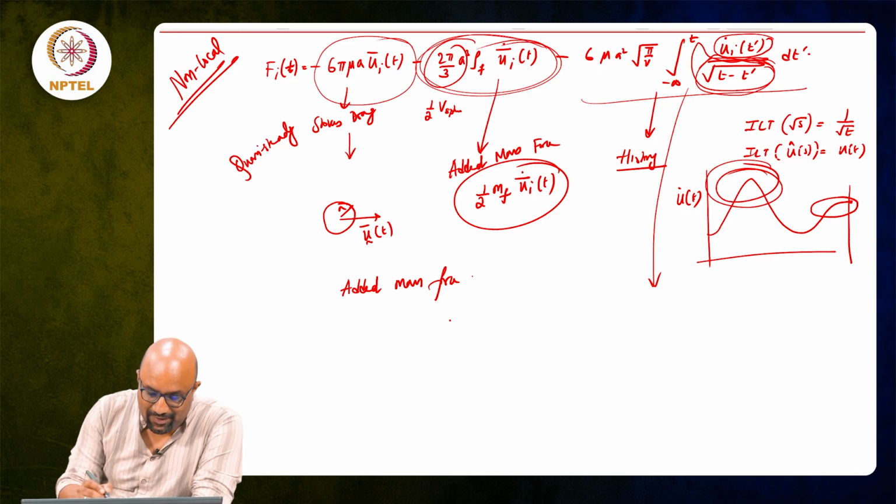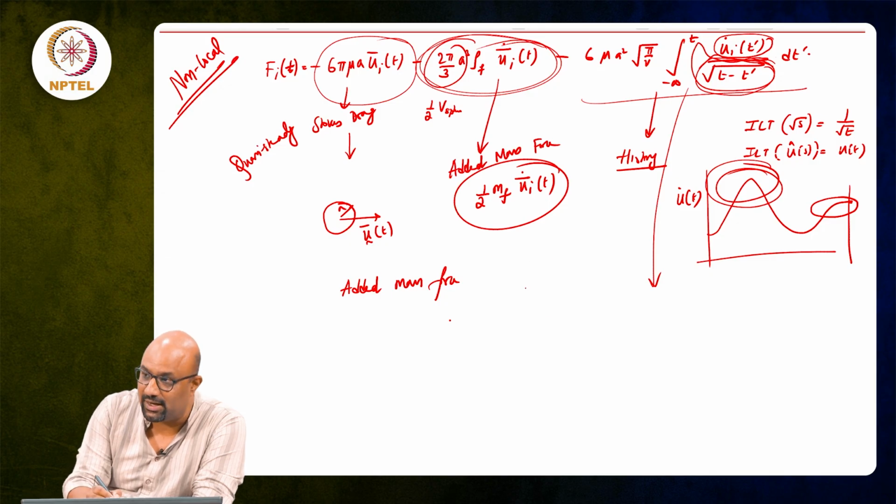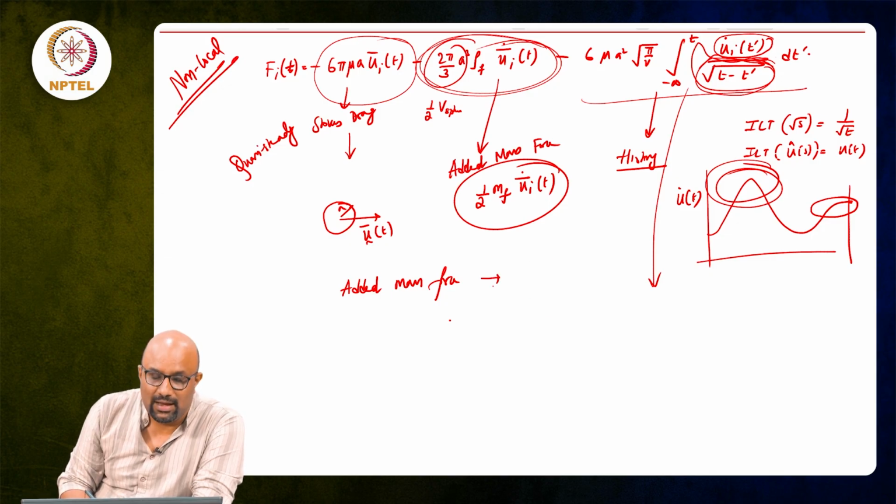Now, the fact that the force at that particular instant of time is instantaneous comes from the fact that this particular force is generated due to the velocity potential, which is obtained by satisfying the normal boundary condition.